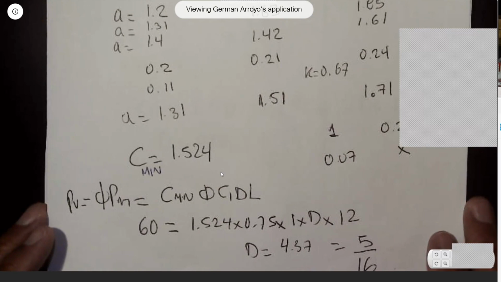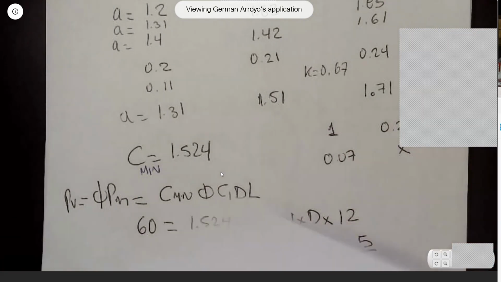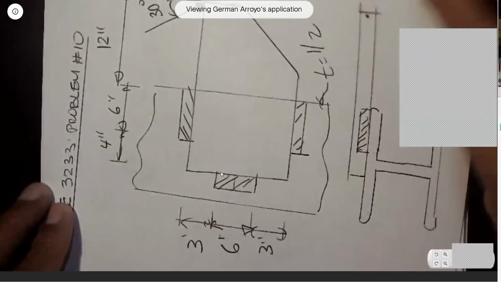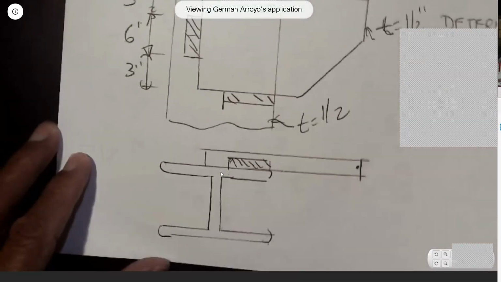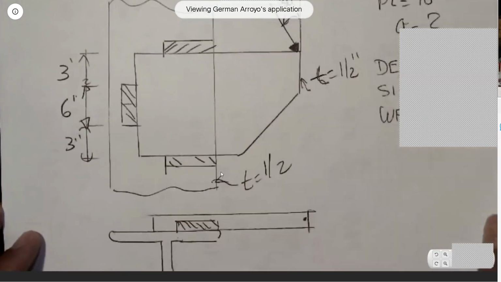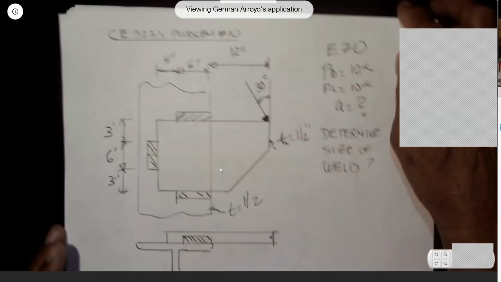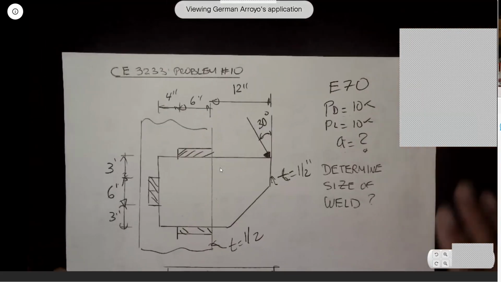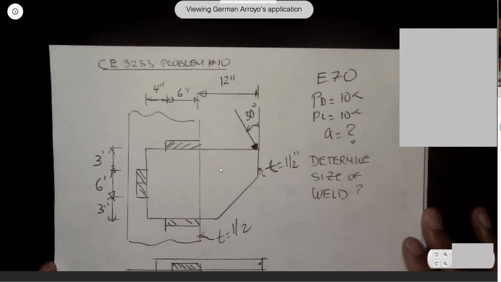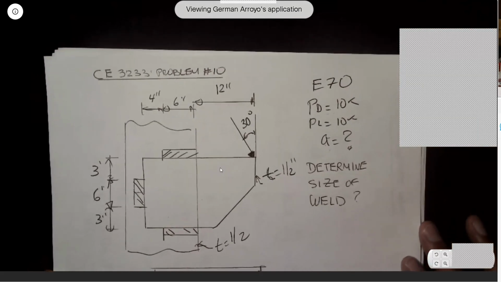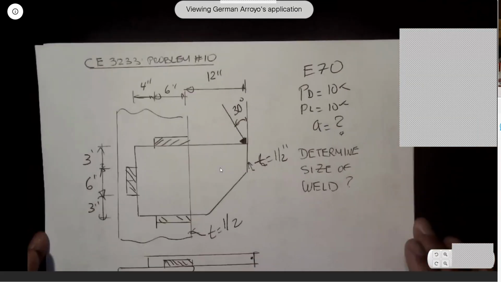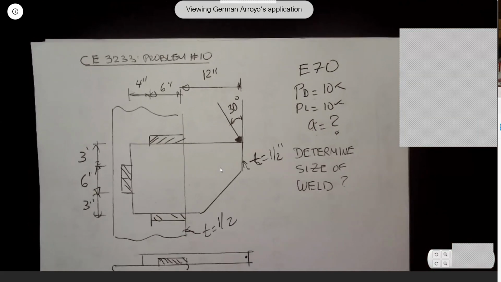I'm going to go to the next problem. I'm giving this problem to you in class also.